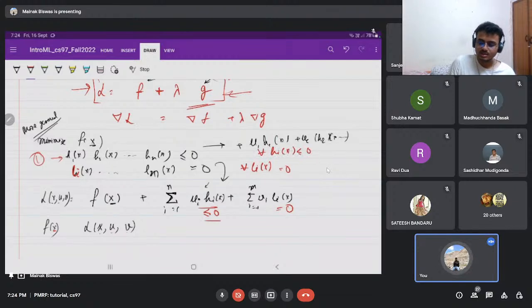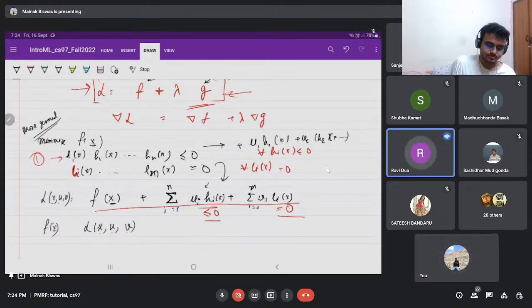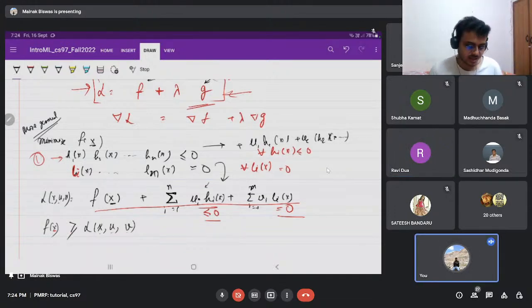So this is less than 0, this is equal to 0. So this right hand side is greater than or less than f of x? You're adding a negative number to f of x. So L will become lesser than f of x, right? It will be negative, right? Yeah, less than f of x, correct. Good. So that's the reason.